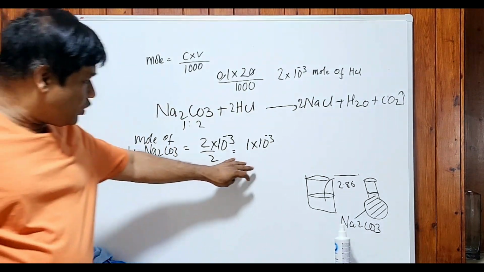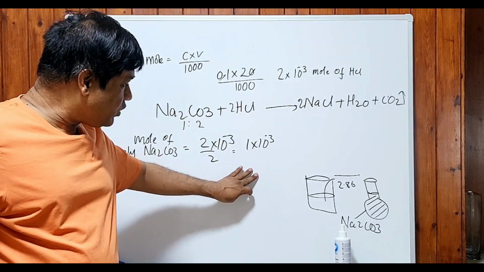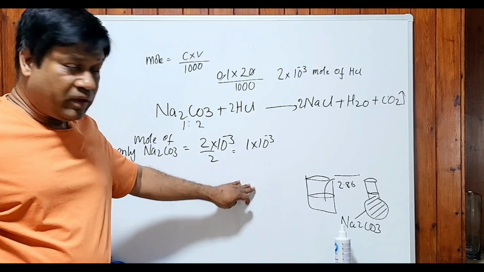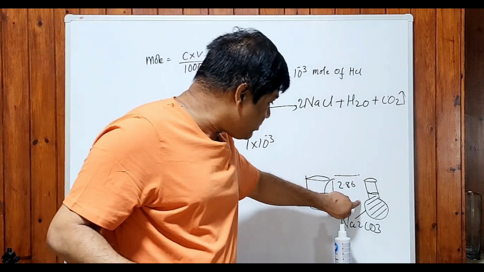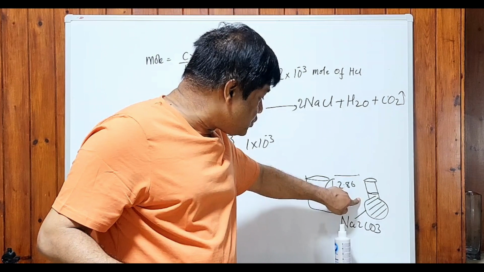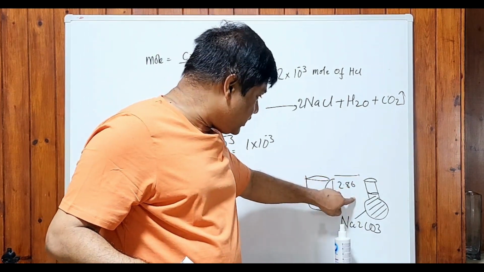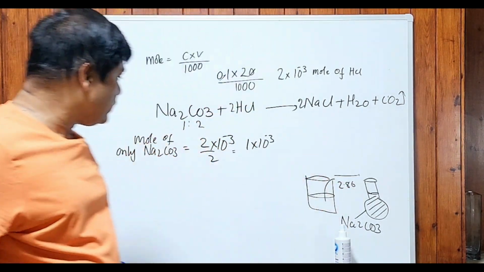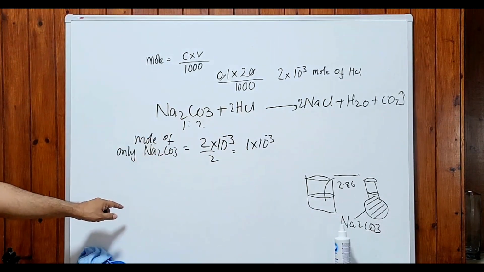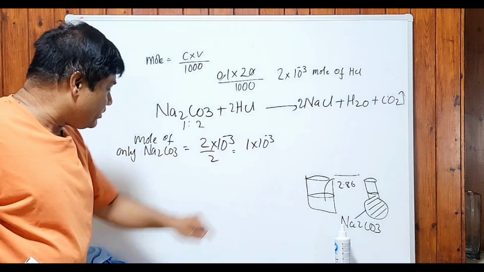Whatever mole you got, this is the mole for 25 centimeter cube. We made a solution up to 250, but we only used 25 centimeter cube and titrated with HCl. So these are the moles of sodium carbonate for 25 centimeter cube.